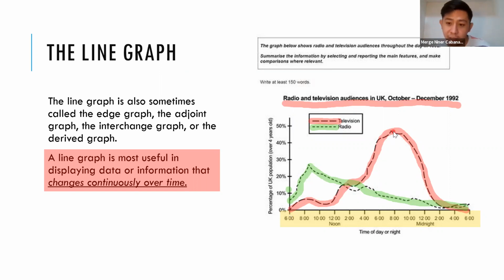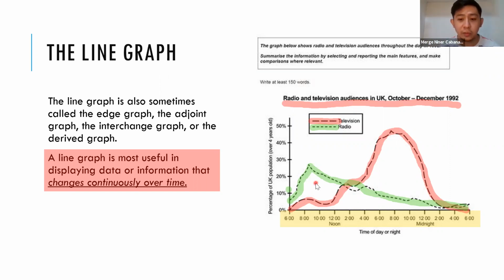It increased here about 45% by 8. And then it fell sharply. It dropped down drastically to, I don't know, 2% by starting at 2 a.m. until 6 the following day. That's it. I already saw the changes.